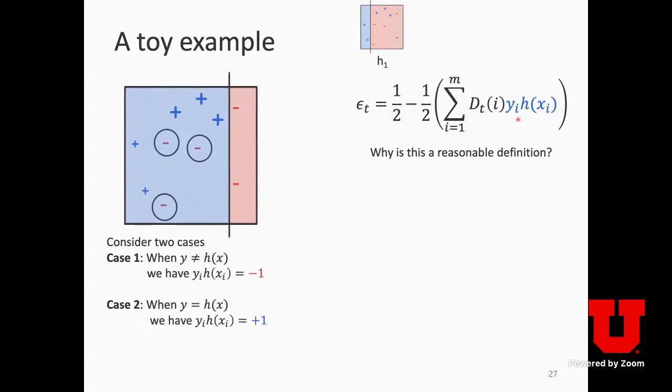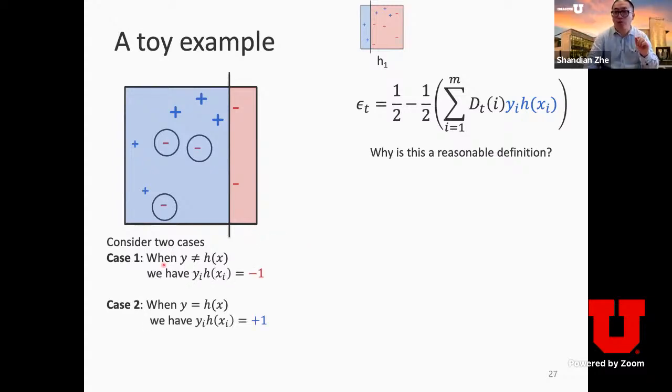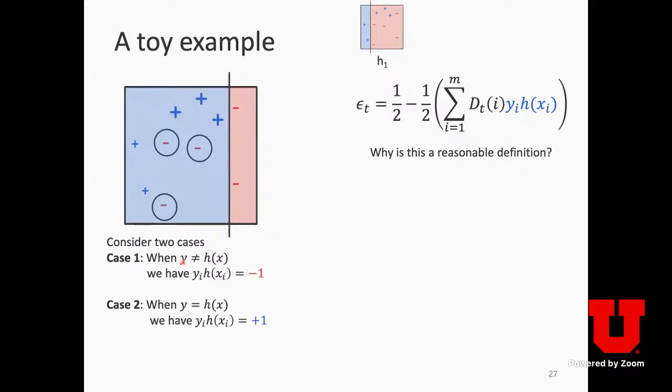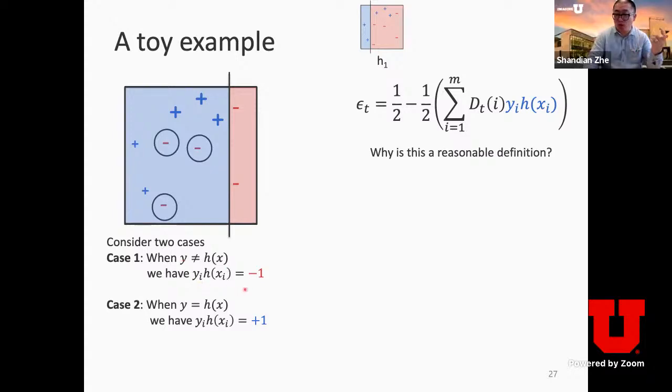Yeah. So actually, we'll see that if your prediction is incorrect, then this product is always -1. Consider that yi is positive, but the prediction is wrong, so it will be negative: 1 times -1. If the ground truth yi is -1 and you make a wrong prediction, then you give a positive prediction, so h of xi will be 1.